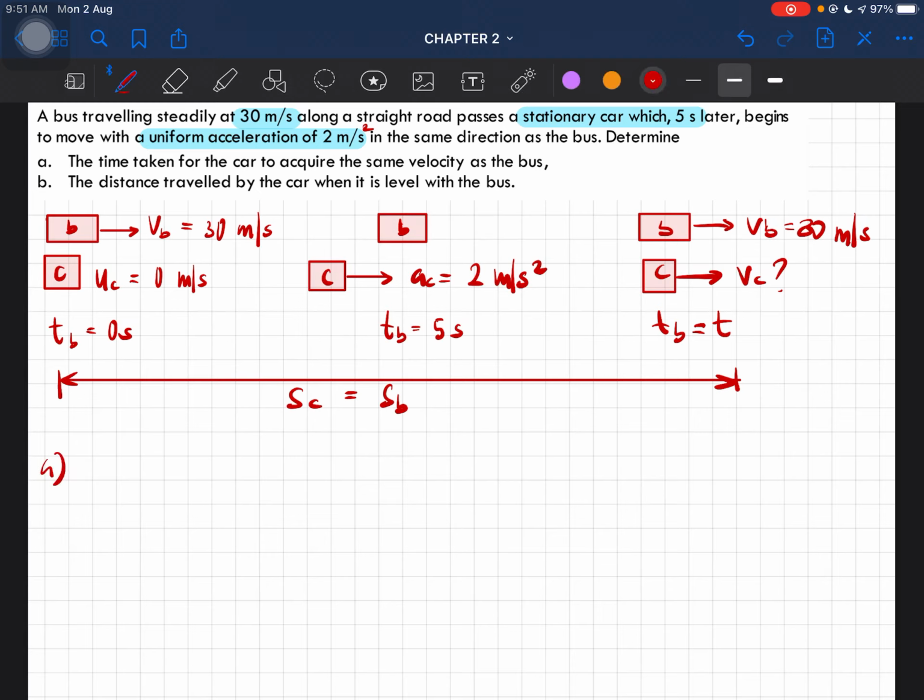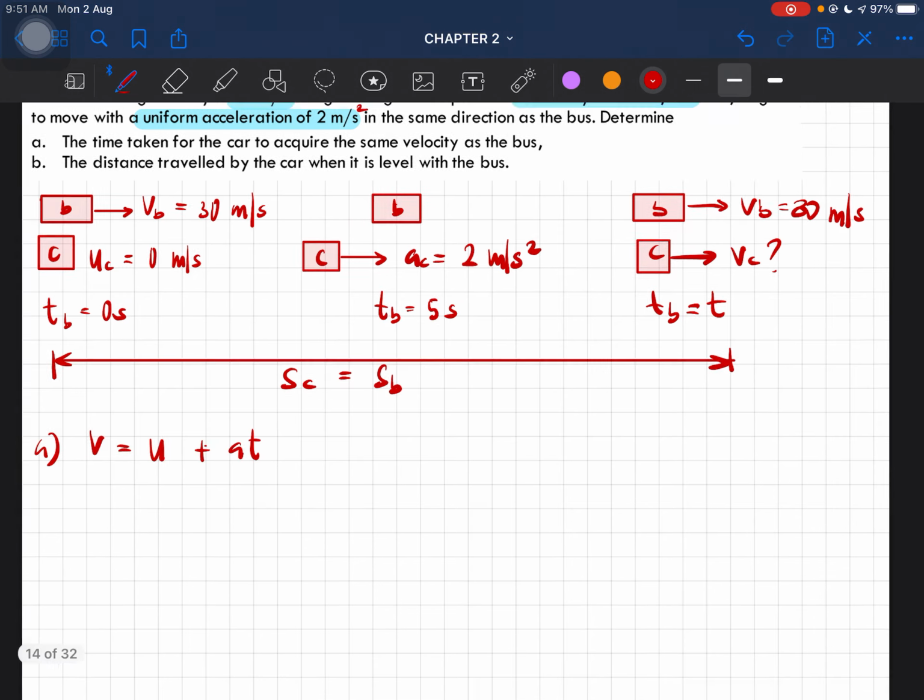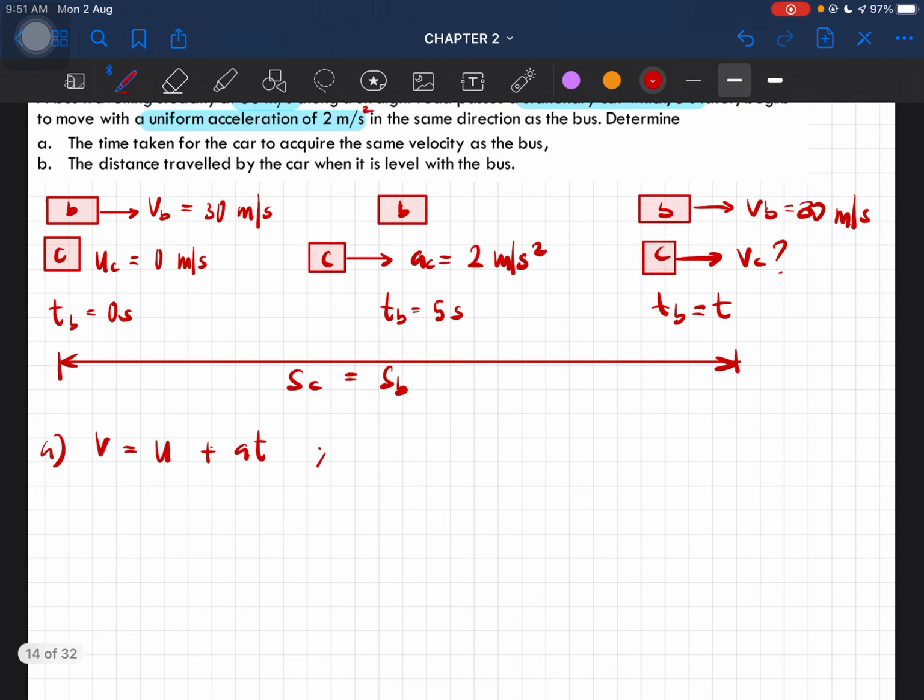Okay, so the time taken for the car to acquire the same velocity as the bus. What we can do is use the formula v equal to u plus at. We have to find the time in which velocity of the car is equal to velocity of the bus, where the velocity of the bus is 30 meter per second.